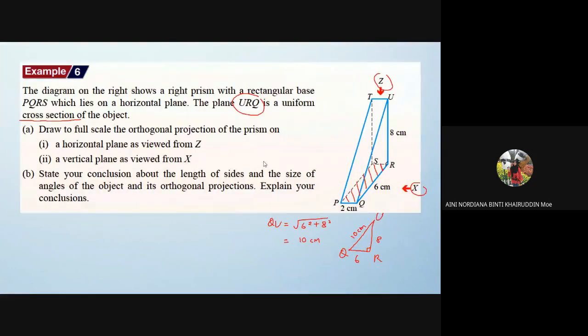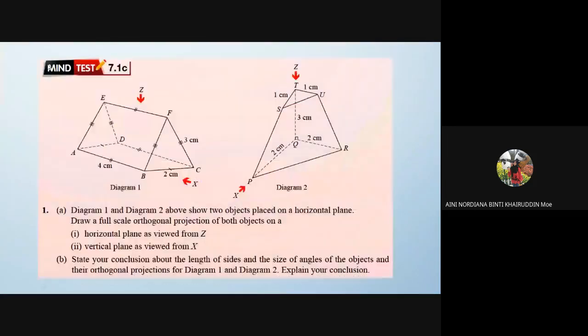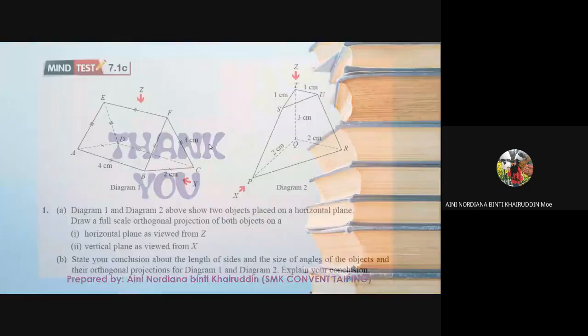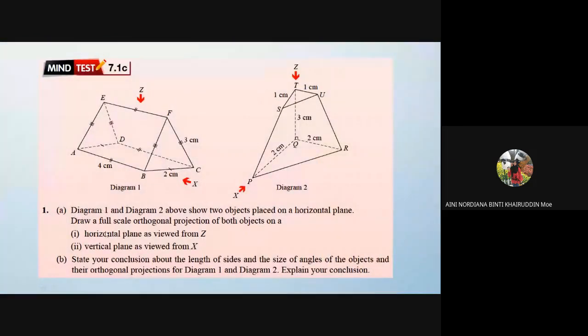So that's all. This is your homework for today's lesson, Mind Test 7.1c. In this exercise, only one question. So first you need to draw a horizontal plane as viewed from Z, macam semalam sama je.